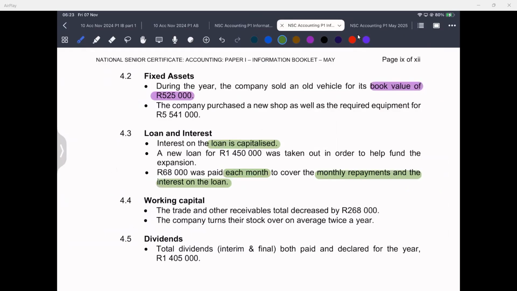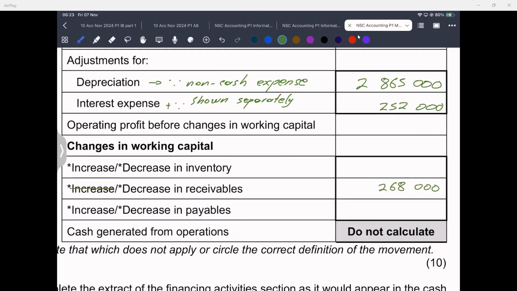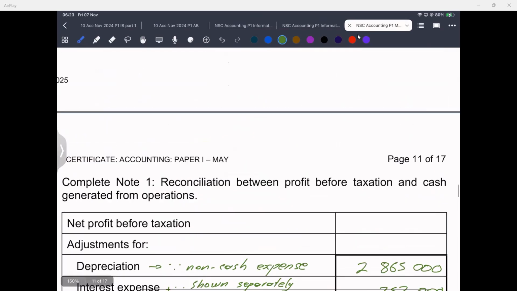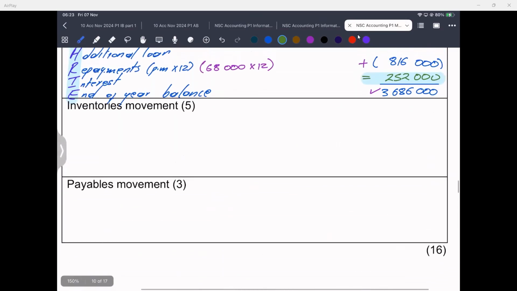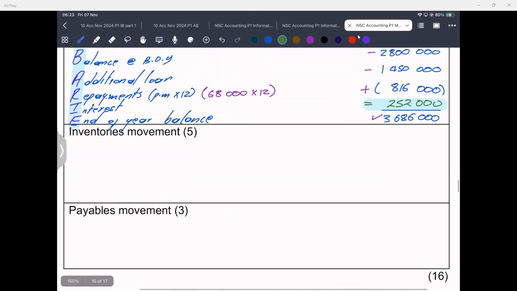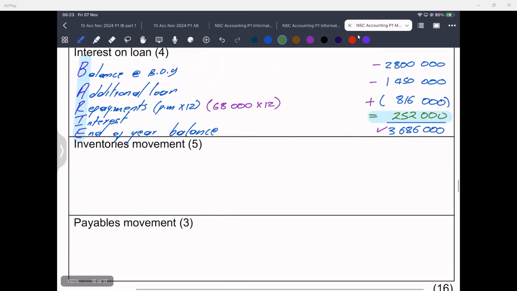Then you were told that the company turns their stock over on average twice a year. So which formula are we using? Is it stock holding period? No, it is stock turnover rate. We have to find the average inventory. What is stock turnover rate?